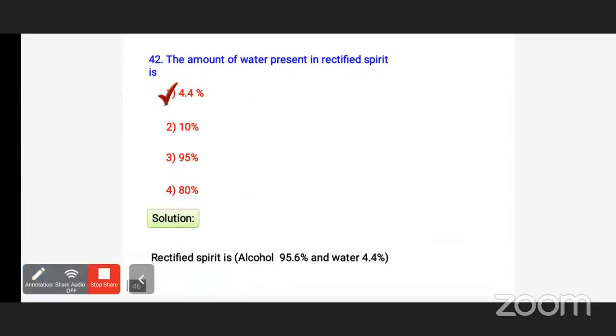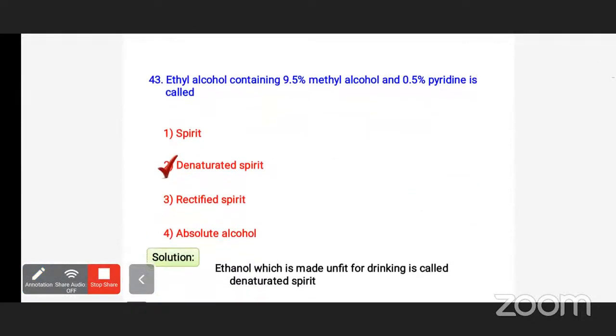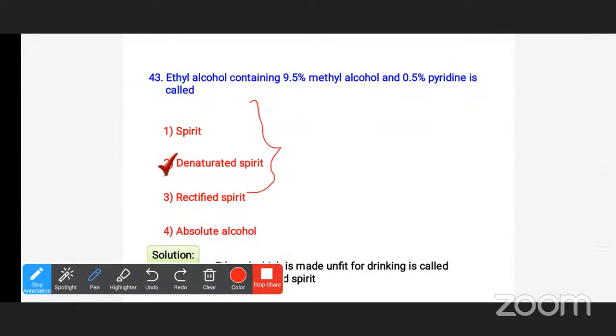Okay, right. Ethyl alcohol containing 9.5 percentage methyl alcohol, CH3OH, and 0.5 percentage pyridine is called denatured spirit.